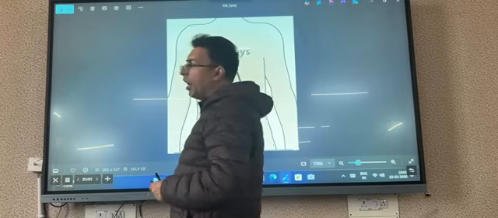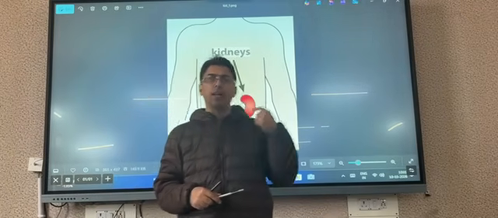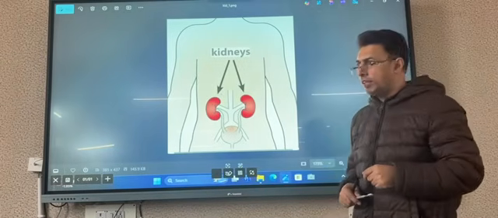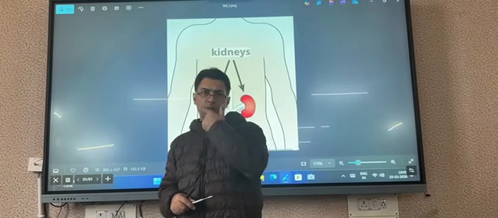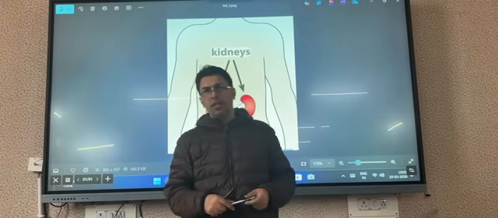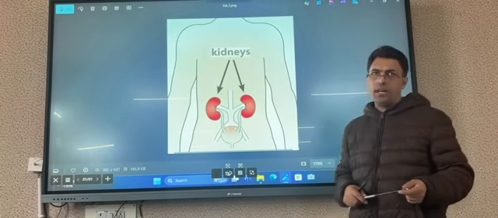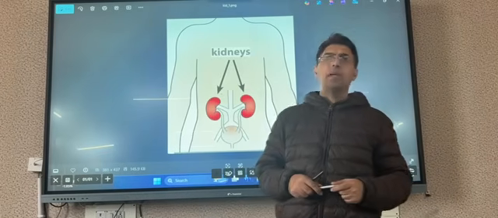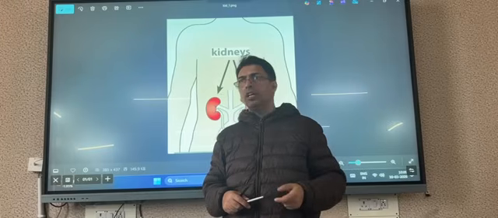Why? Because on the upper pole of the kidney lies something which we give the name suprarenal or the adrenal gland. Because of the weight of the adrenal gland, which is not that heavy, but it compresses the upper pole of the kidney. So the upper pole of the kidney is a bit rounded and the lower pole of the kidney is pointed. That's important. And the anterior surface of the kidney is a bit rough and the posterior surface of the kidney is smooth.